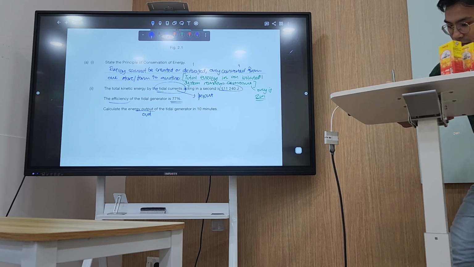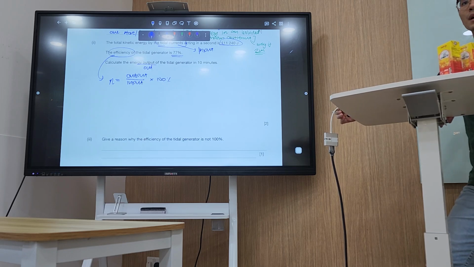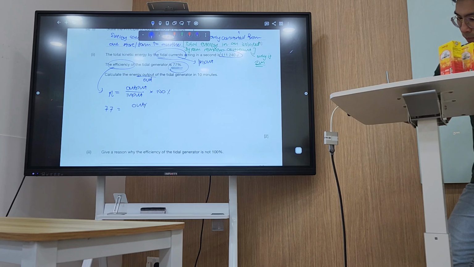The definition of efficiency: normally we use small n, which equals output over input times 100%. This is the formula. So if I have 77% efficiency, your output is what you want to find out. Input is 111240 joules every second.